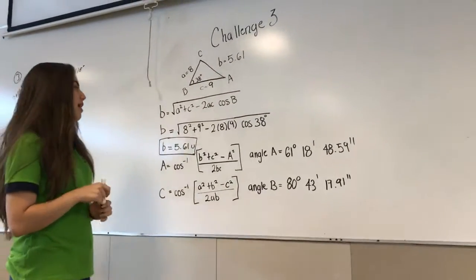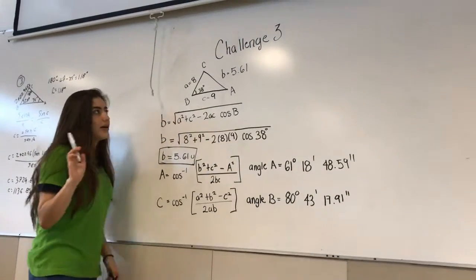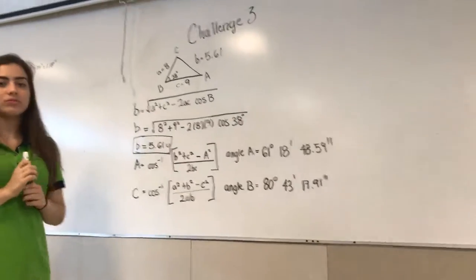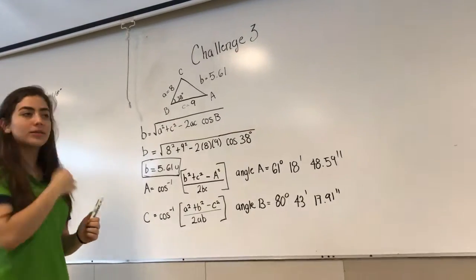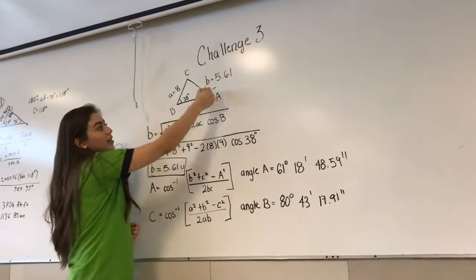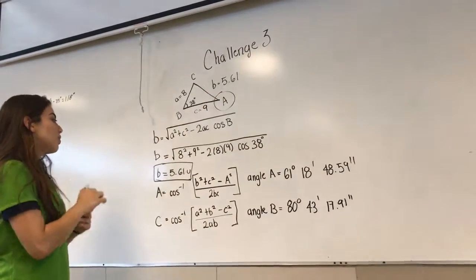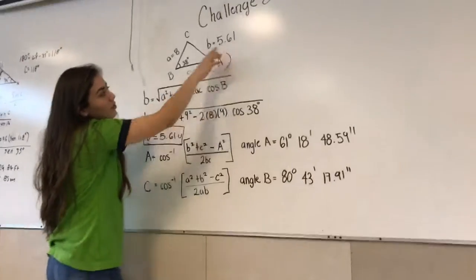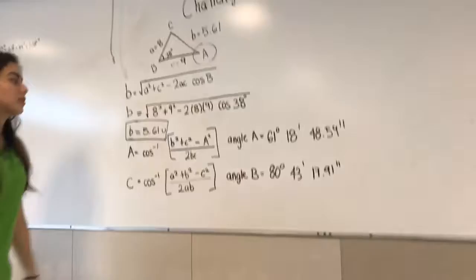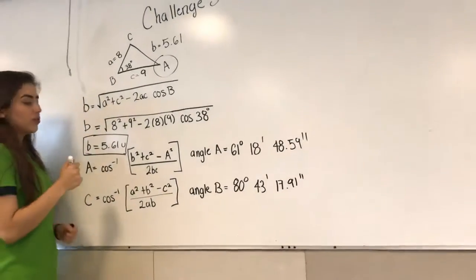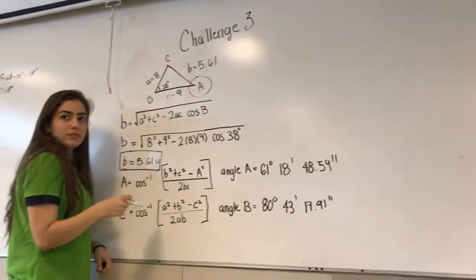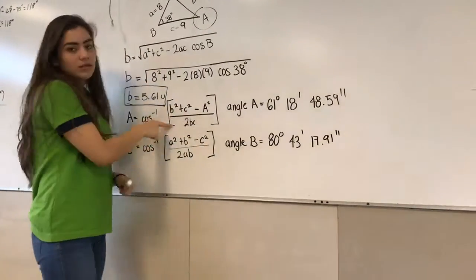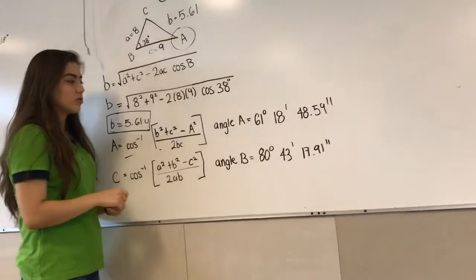Once we have the value of b, we have to get the measure of the angle A. For that we know that we have the values 5.61 and 9 in the case of C. For this we're going to apply the cosine law, and this is the formula that we are going to use.